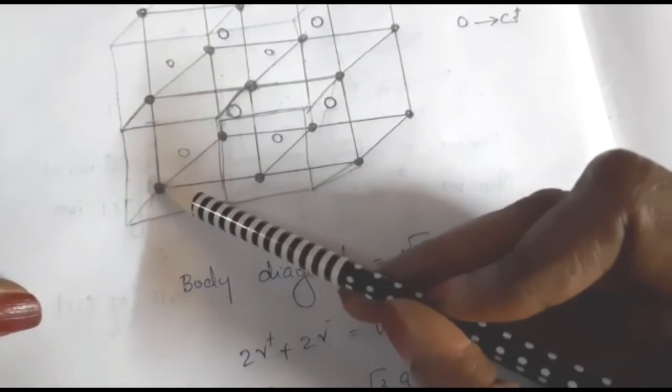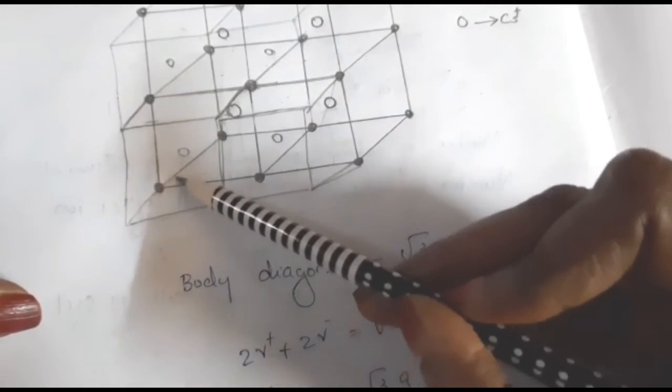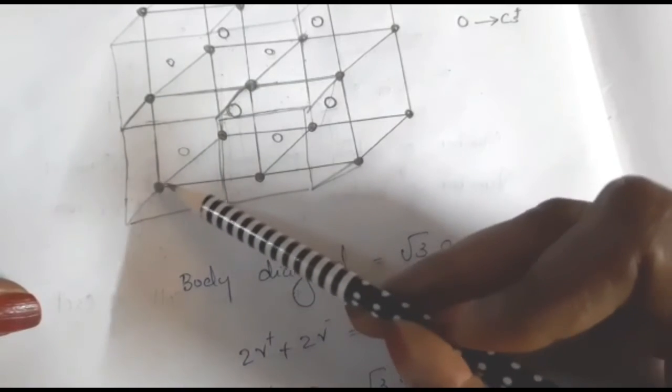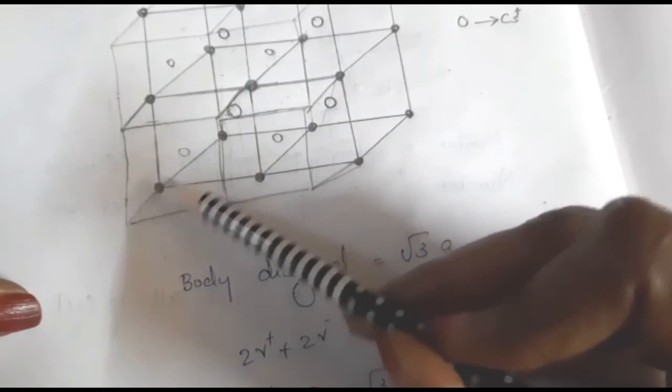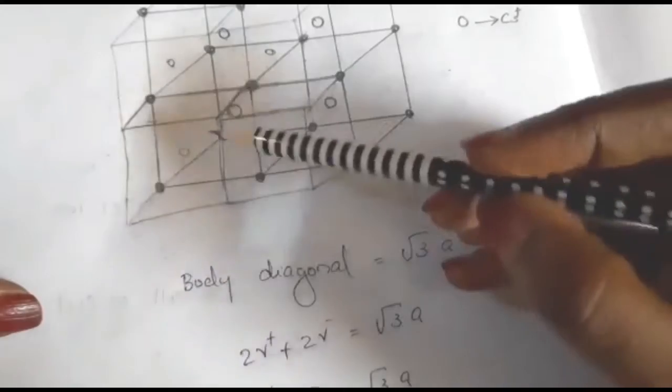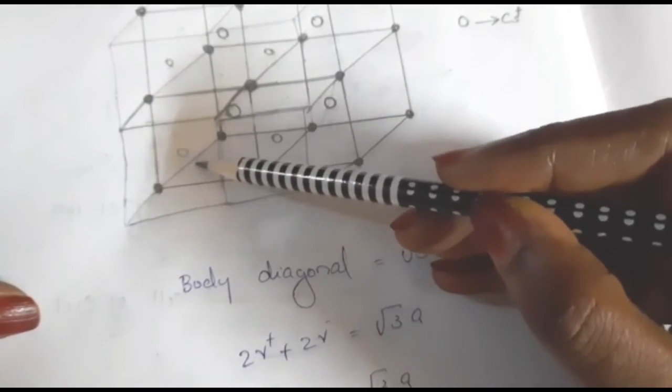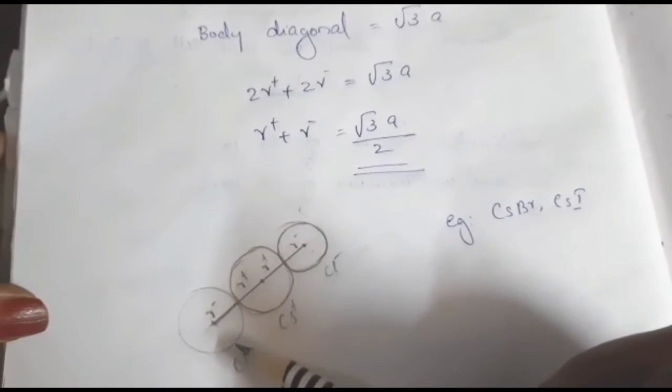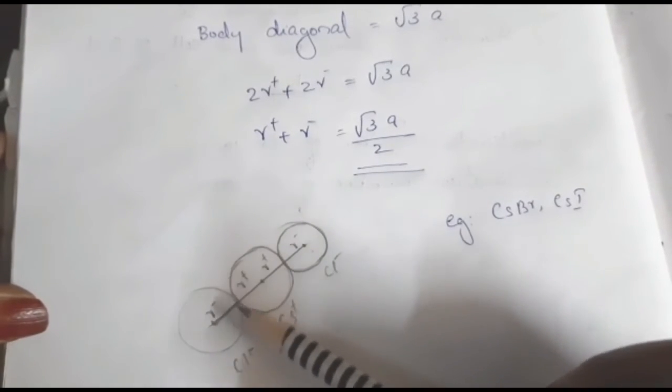This corner atom will be like a sphere, so half of that diameter or radius will be inside the cube and the other half will be outside. But the cesium ion is completely inside the cube.